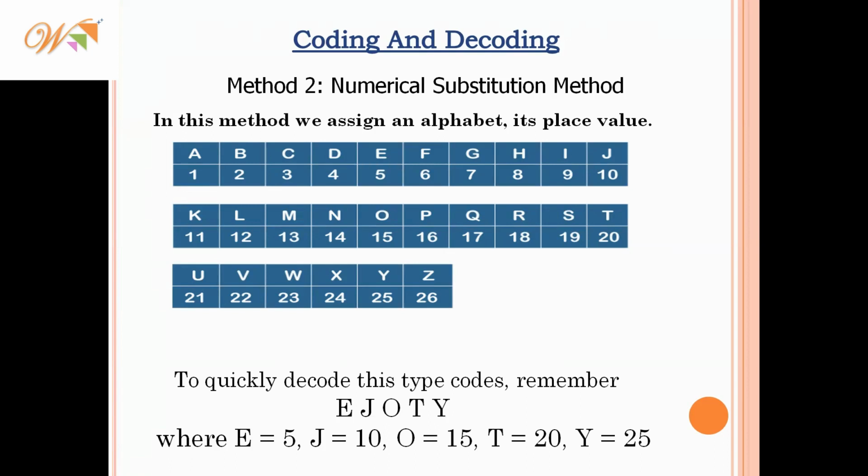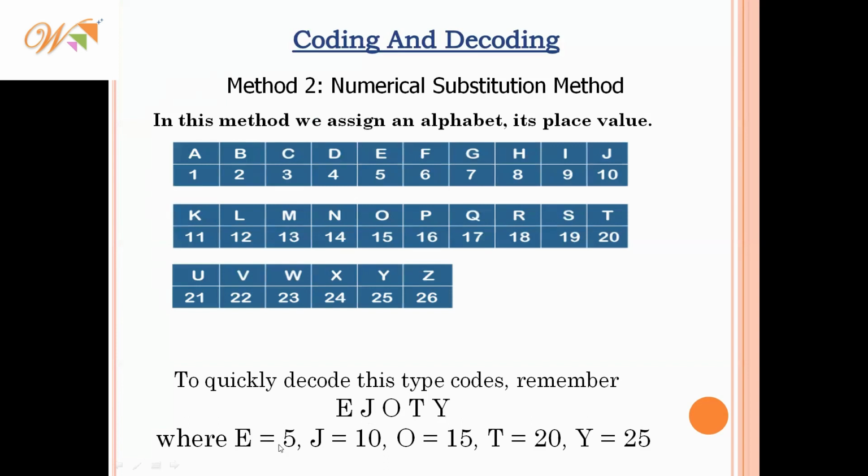Now to remember this, so that you don't have to count the position of the letters, remember the word EJOTY, where E is 5, J is 10, O is 15, T is 20, Y is 25. 5, 10, 15, 20, 25. Table of 5.